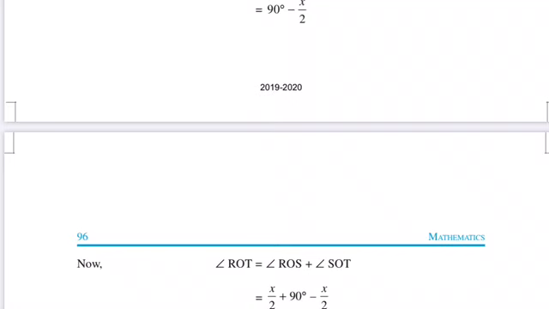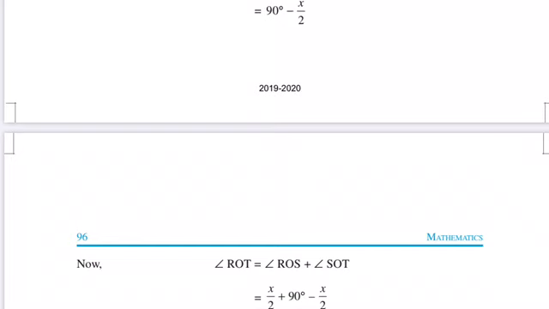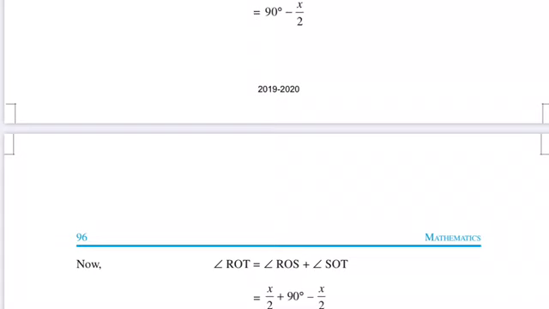Look in the figure, angle ROT contains two angles, angle ROS and angle SOT. And earlier we calculated angle ROS, that is X by 2, and angle SOT, that is 90 minus X by 2. When we add angle ROS and angle SOT, we will get angle ROT.